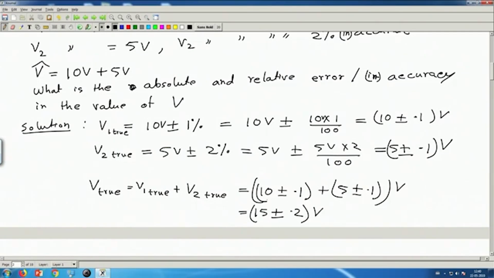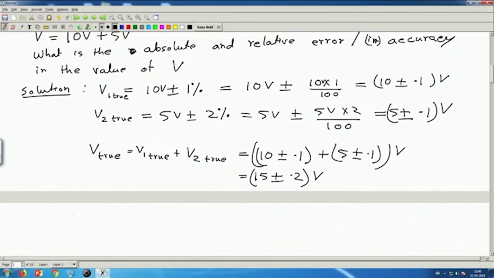So the worst case, which we also call the limiting case, is that V true is 15 plus minus 0.2. Therefore, we can estimate V as 15 volt with plus minus 0.2 volt uncertainty or error, or you call it inaccuracy.